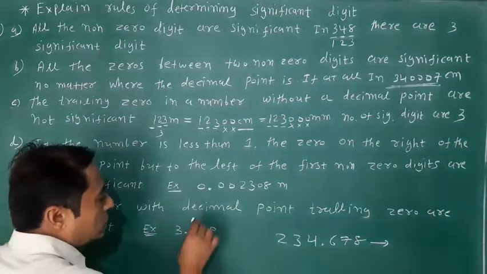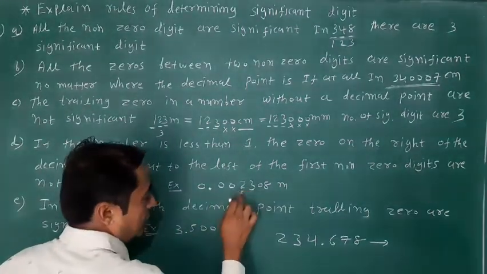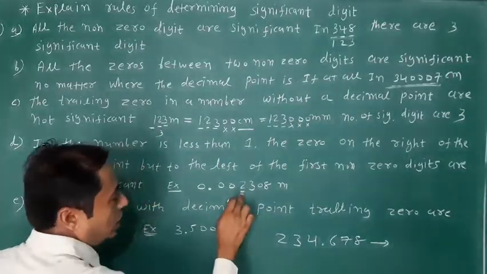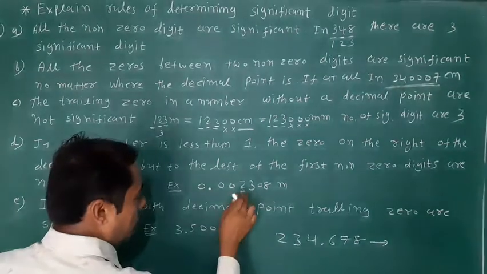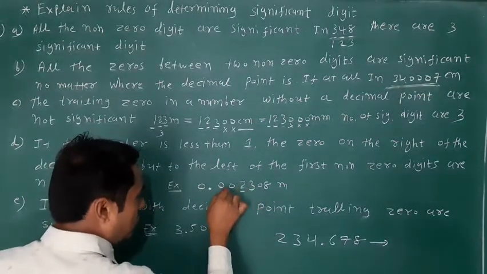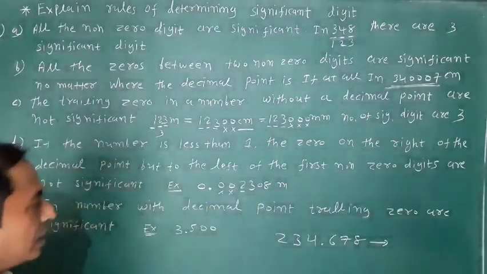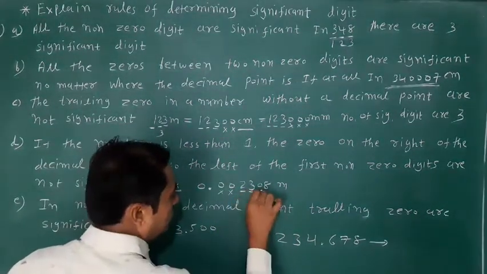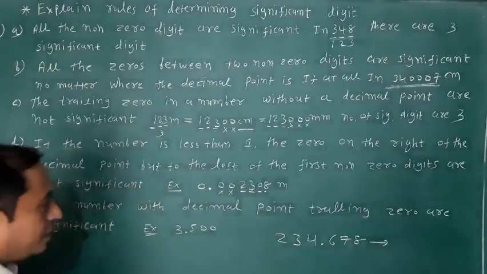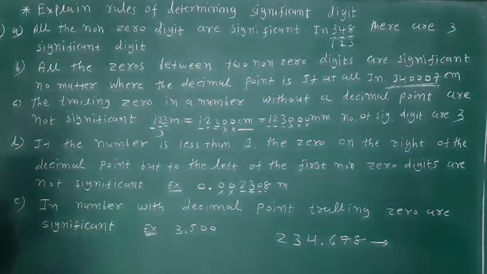Okay. So here the first number 2 is a non-zero significant digit. So moving left, the 2 zeros are not significant. Here 1, 2, 3 and 4 significant numbers are available. Okay.